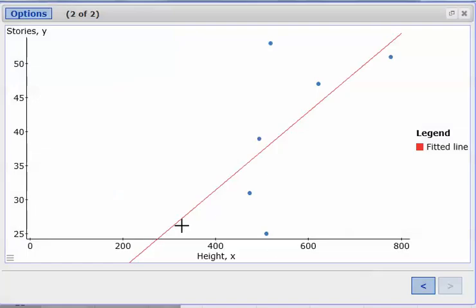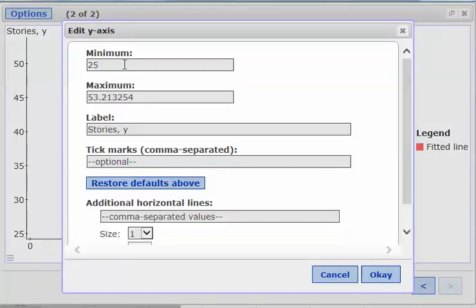This will just make it look a lot more like their graph. Okay, the y. You don't have to put spaces.